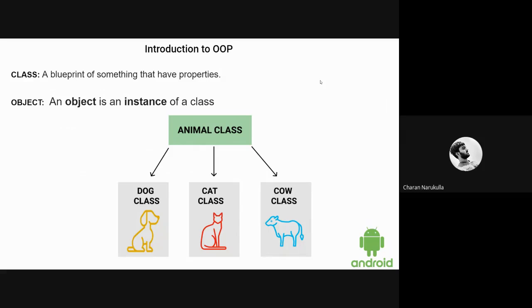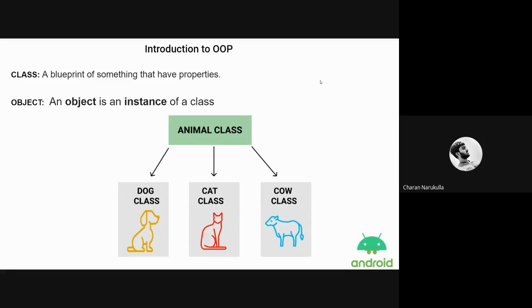Suppose I say an elephant and a human, if we measure the length of the legs of the elephant and the human, legs are common to both, but the length of the legs is different. This we call properties. Here, legs are the properties, and the values will come when we look into the object concept. An object is an instance of a class.